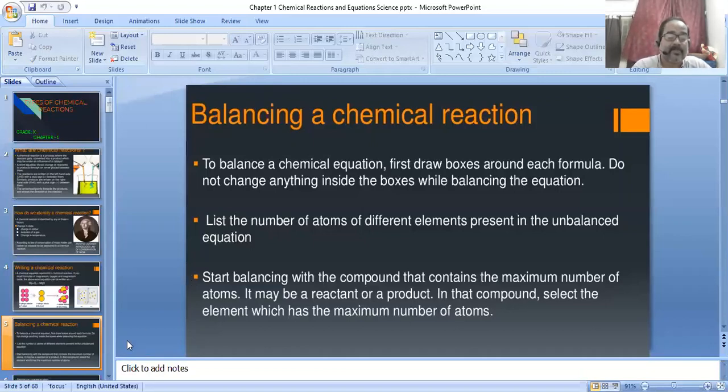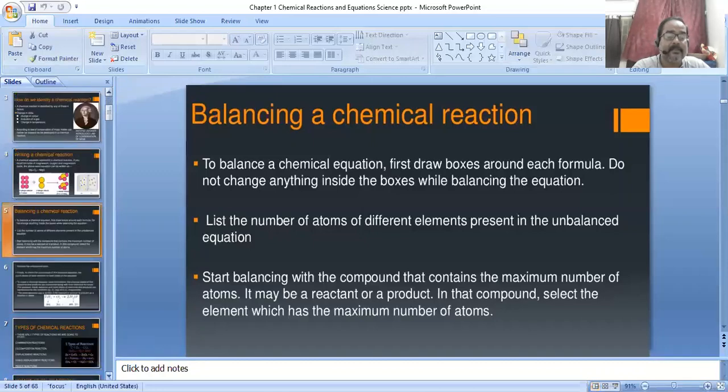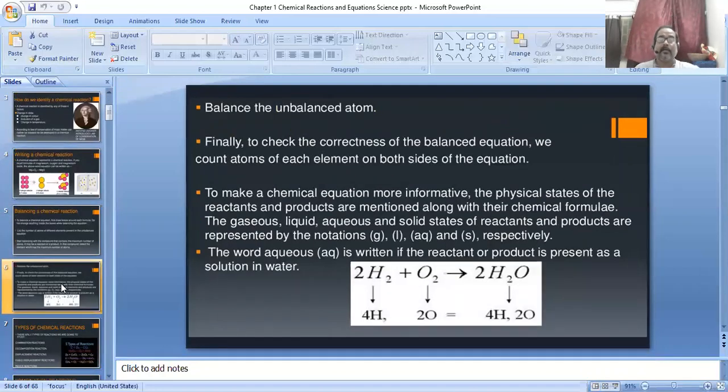Okay. Next, balance the unbalanced atoms. Finally, to check the correctness of the balanced equation, we count the atoms of each element on both sides of the equation.